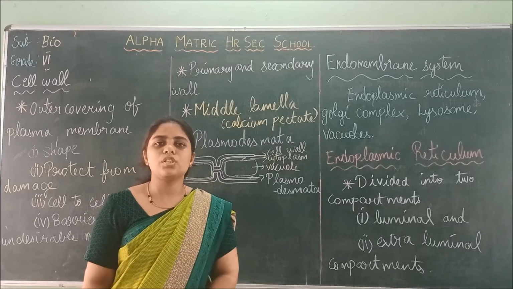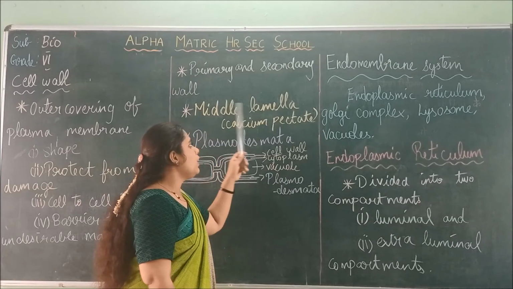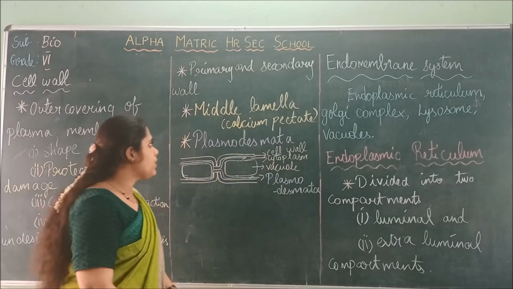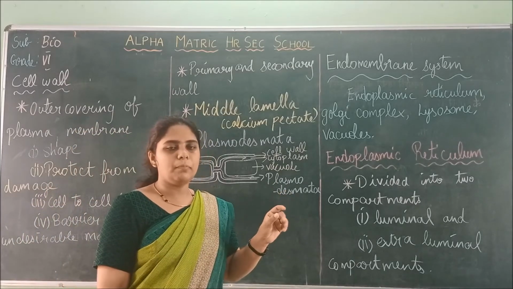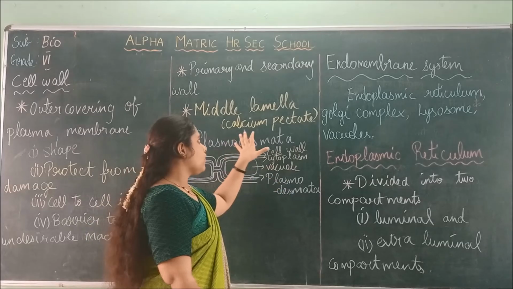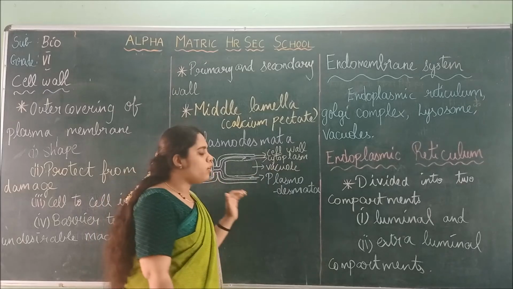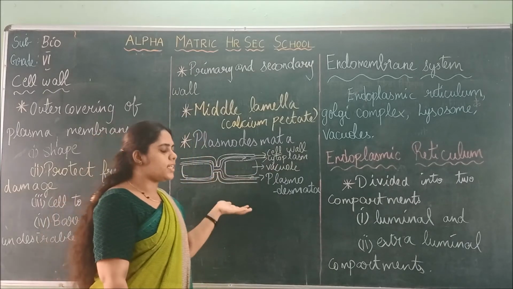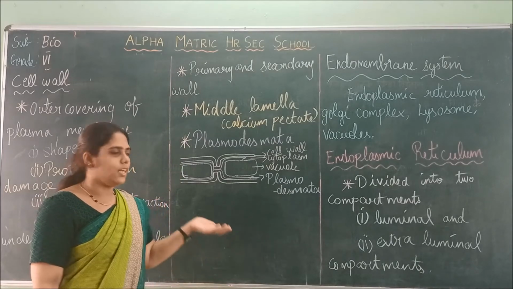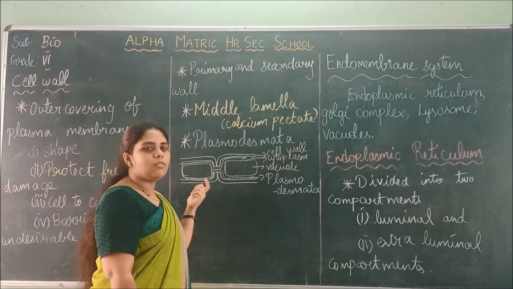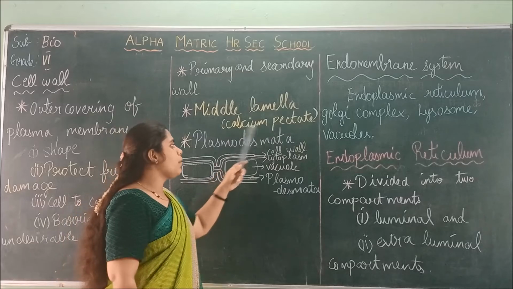This is the main function of the calcium pectate. So the cell wall and the middle lamella will be attached by this component called calcium pectate. This also helps the neighboring cell. The cytoplasm of one cell and another cell is connected through this.